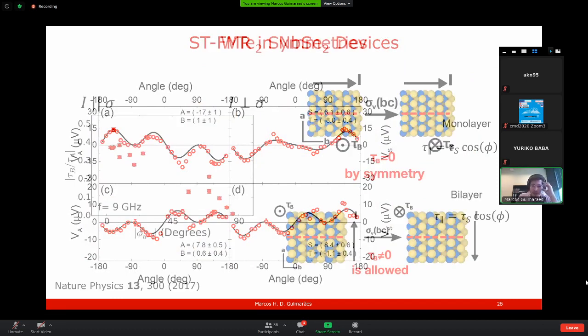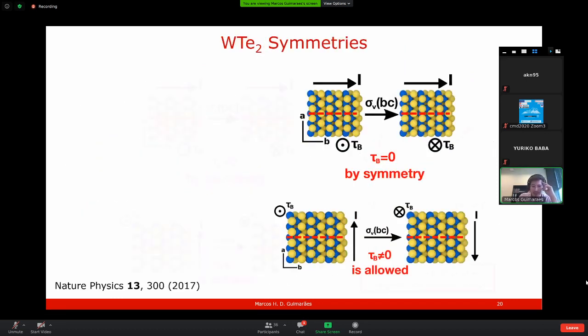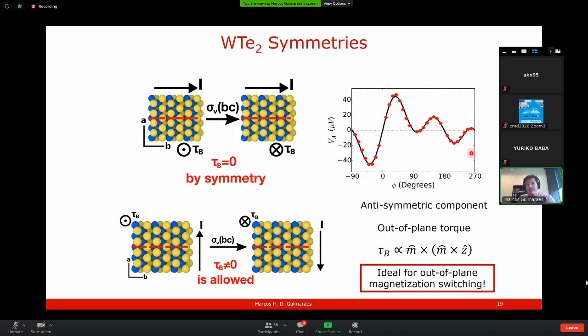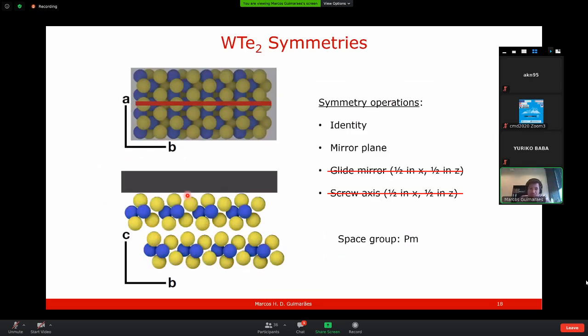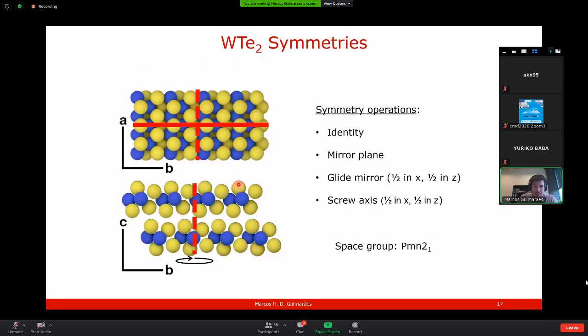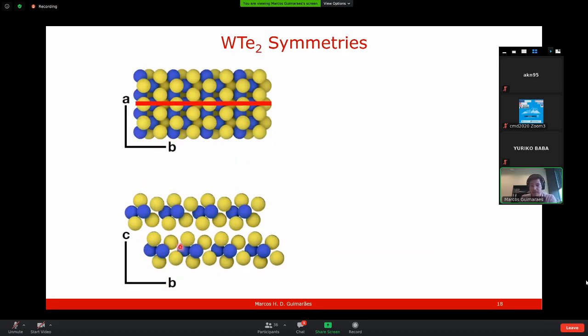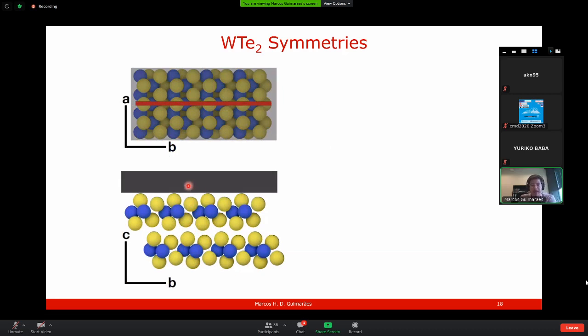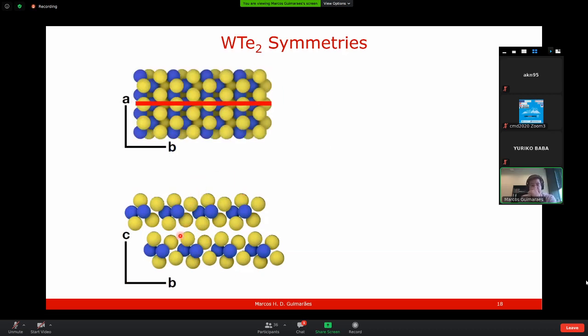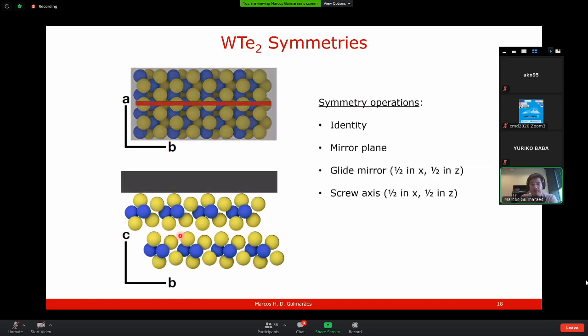I cheated a little bit because in principle, at the interface, these symmetries are already reduced, right? So in principle, you don't need to have the permalloy there. If you just look at the crystal, for example a bilayer device, then these symmetries will already be small.